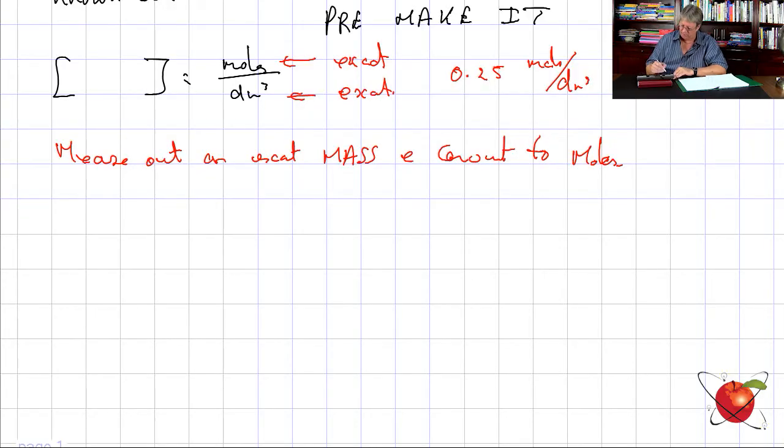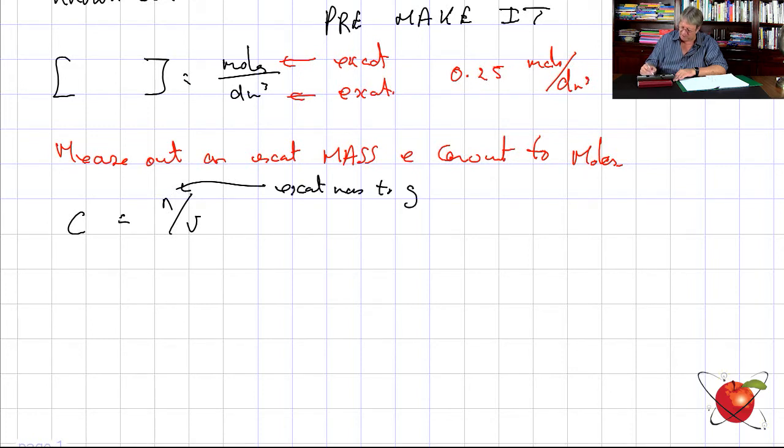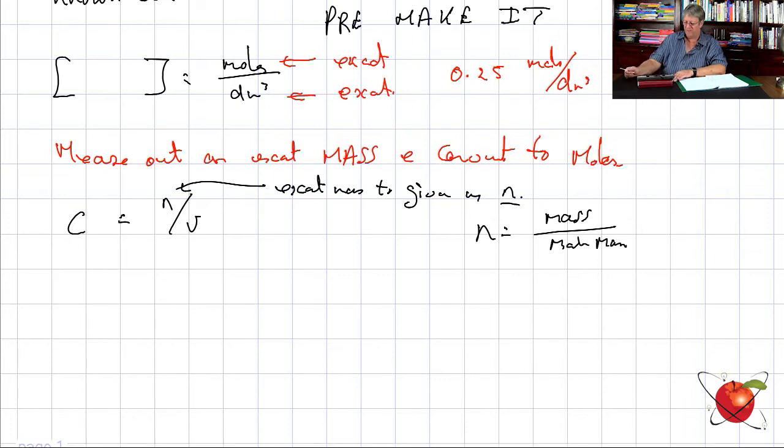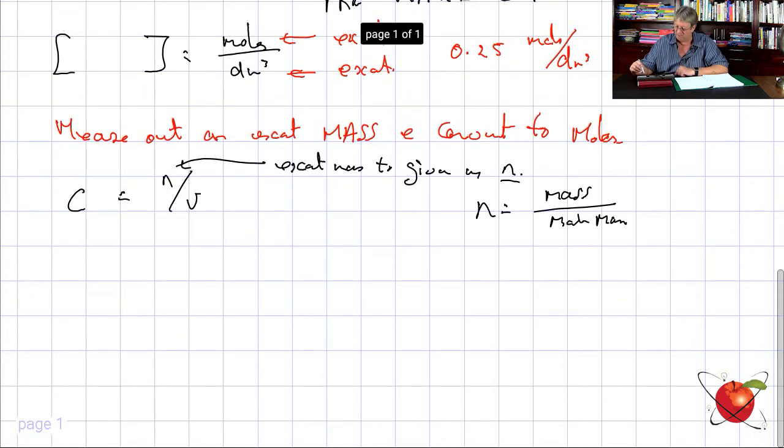We go back to the formula: concentration is number of moles over the volume. So you measure this exact mass to give us n. You remember, for this one, n is equal to mass over molar mass, always. So you can make a standard solution of anything you like.